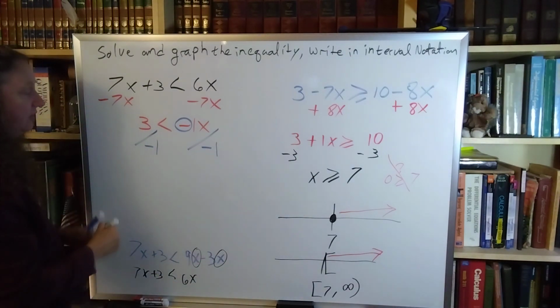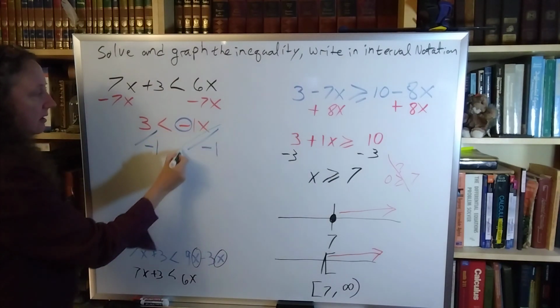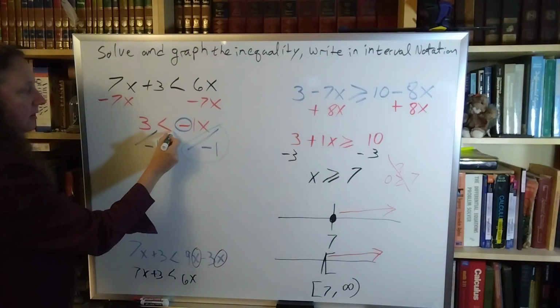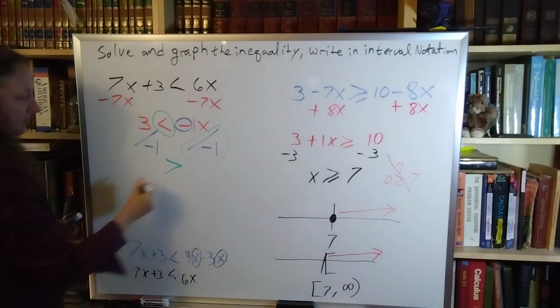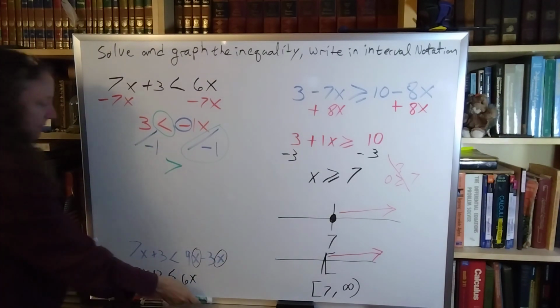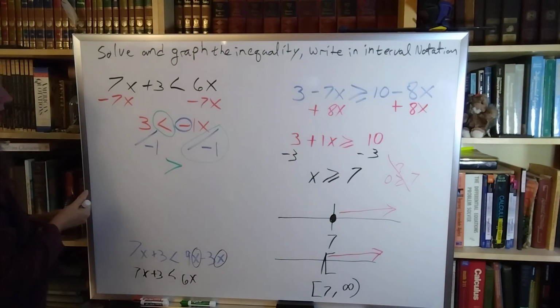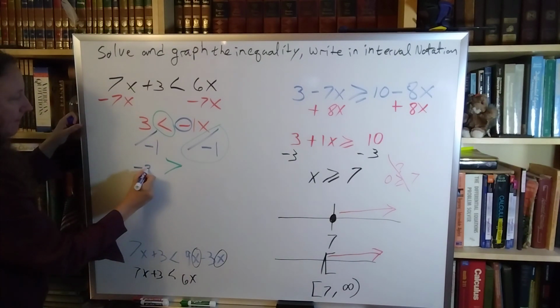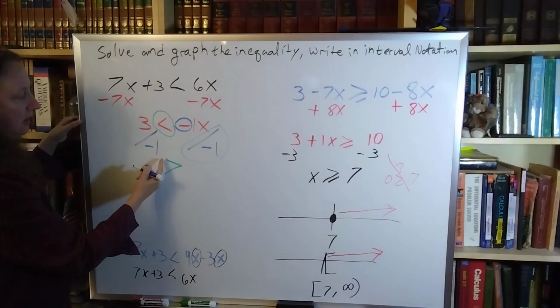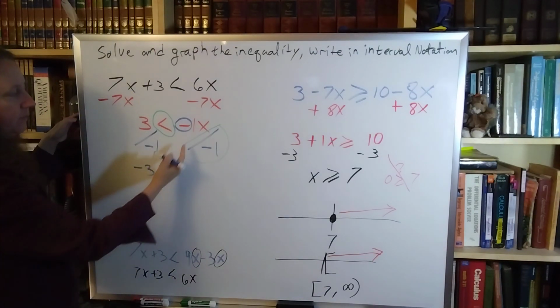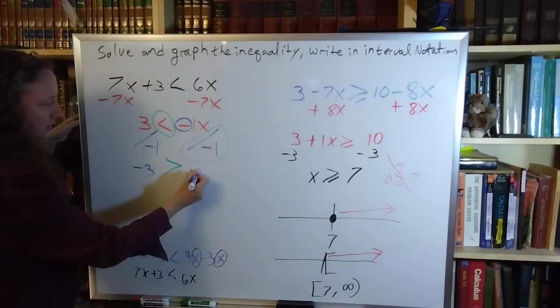Now, because I am dividing by a negative 1, I have to take that and flip it around. So I have negative 3, because 3 divided by negative 1 is negative 3, is greater than x.